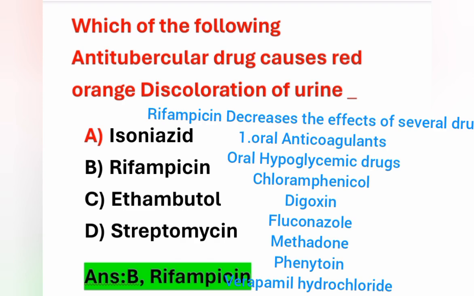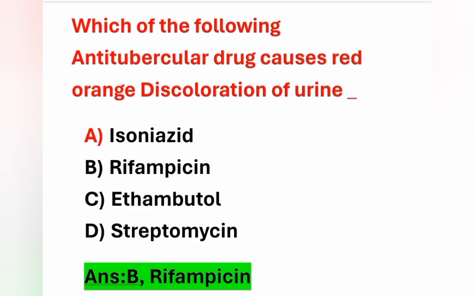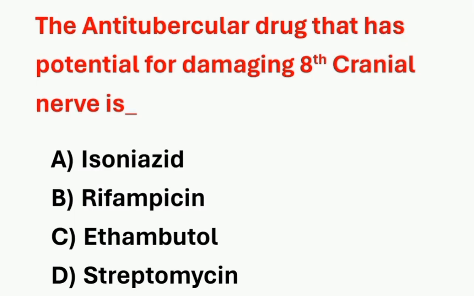We can see: first, oral anticoagulants, second, oral hypoglycemic agents, then chloramphenicol, digoxin, fluconazole, methadone hydrochloride, phenytoin, verapamil hydrochloride. These are all the drugs. If the patient is taking these drugs along with rifampicin, the rifampicin will decrease the effect of these medications. Move on to the next question.